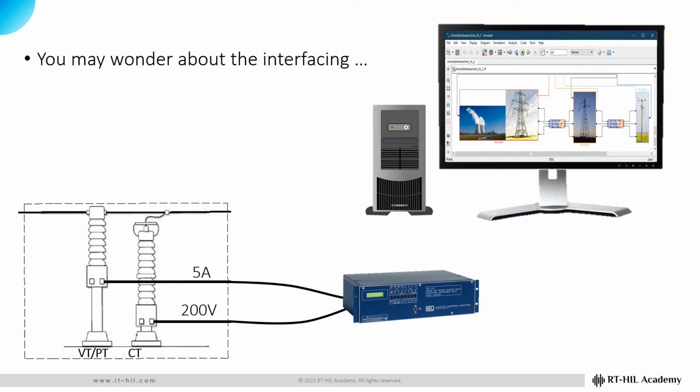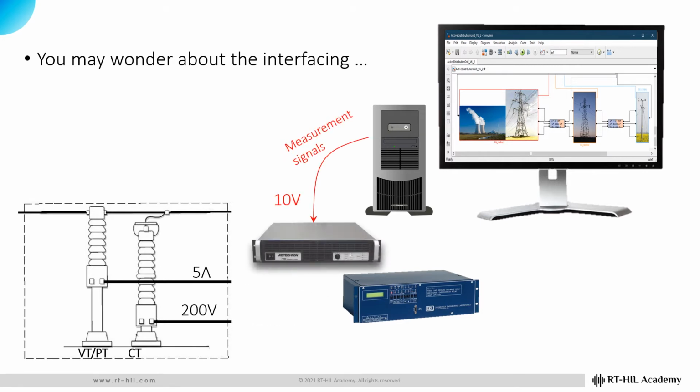The problem is that the analog signals provided by the real-time simulator are limited within a few volts, so a current or a voltage amplifier is needed to scale them up to the level that they become meaningful to the actual device. The control signals that are sent back to the simulator may or may not need an interface, depending on their magnitude.